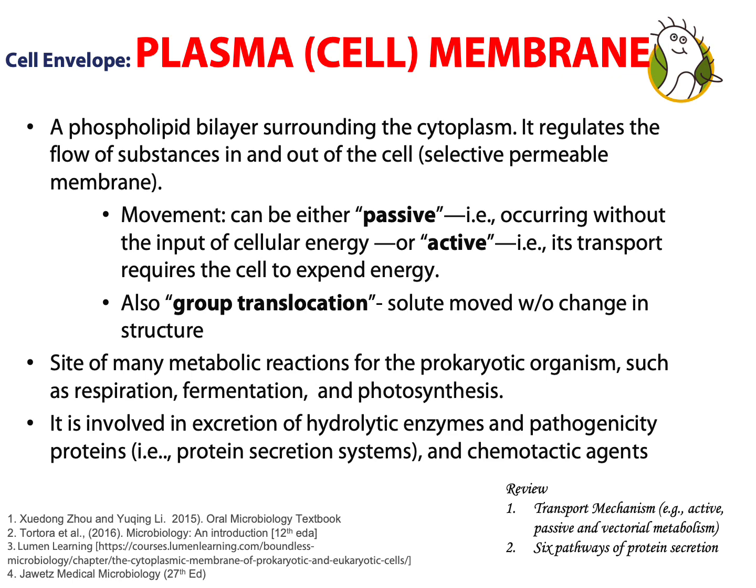By the way, substances on your plasma membrane move either by passive, active, or group translocation. Passive occurs without input of cellular energy. Active transport requires expended energy, while in group translocation, the solutes move with change in structure. For these mechanisms, passive, active, and group translocation, I want you to review the transport mechanisms of substances in your biochemistry lectures.